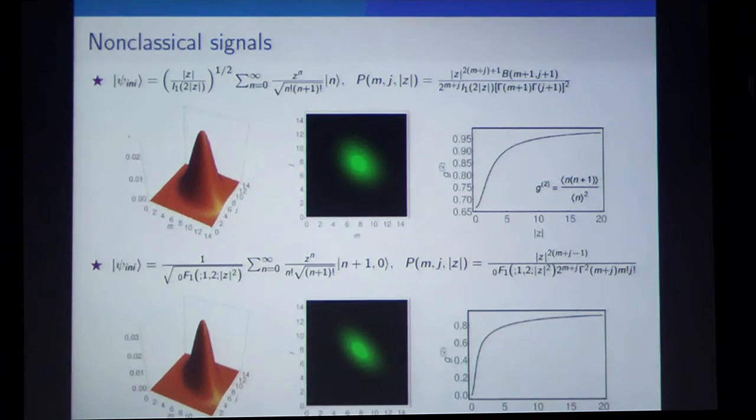That means that the state of the output is non-separable, and using the Knight conjecture, these states are non-classical states. And when we plot the joint probability, for example here in the level curve, we can see a squeeze in the line n equals g, and we think that this is associated with the non-classicality of the states.